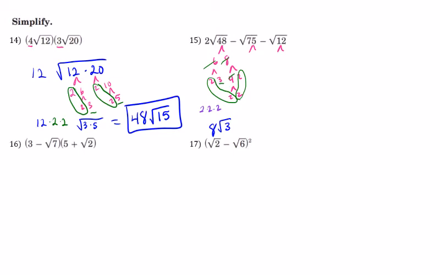Okay, let's do the same thing with 75. So 75 here, we have a minus, right? So I'm just going to bring that down. And then 75 is 5 times 15. 15 is 3 times 5. So I have a pair of 5s, right? And then a leftover 3. So a 5 is going to come out, and then a 3 will stay inside.